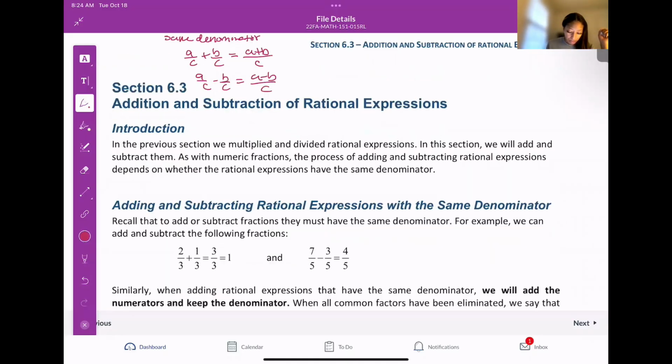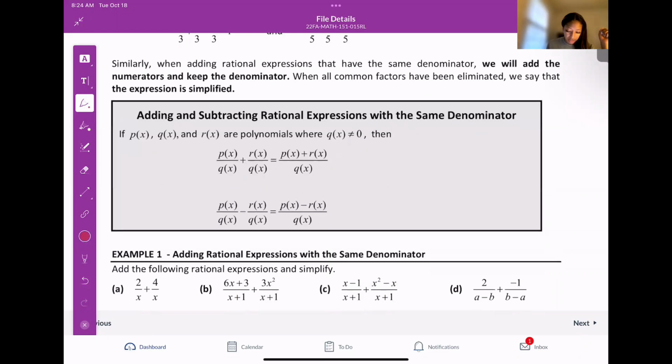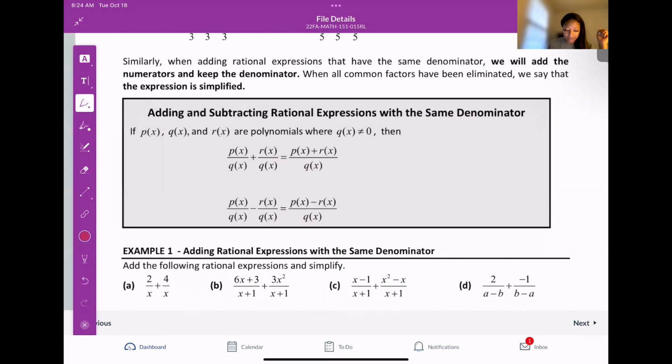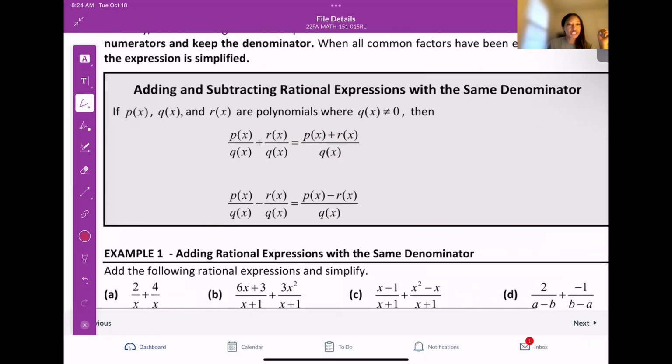All right, so part one, introduction. This kind of simplifies what I just said, but in fancier function notation. To add or subtract rational expressions with the same denominator, we add or subtract the expressions in the numerators, and then keep the same common denominator.